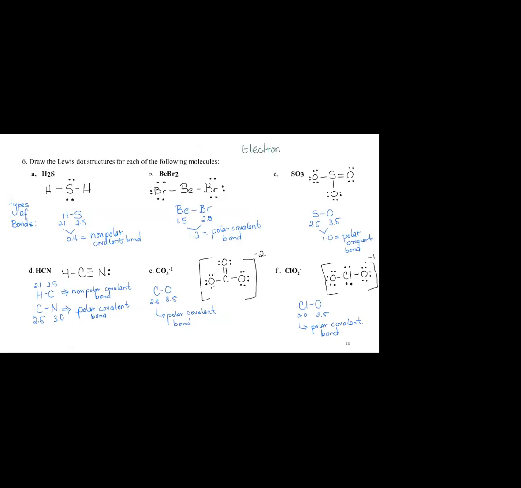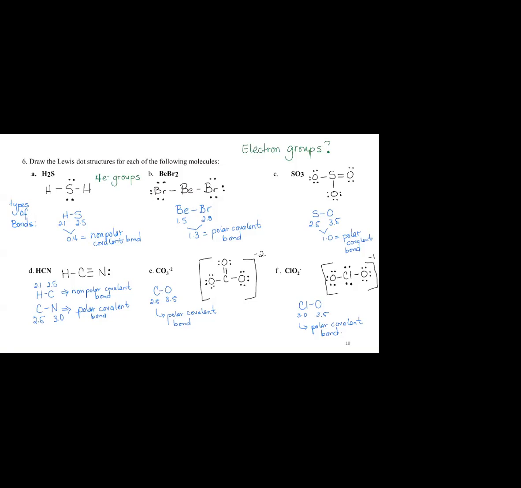I'm going to do the first one, but I want you to determine, looking at the structure, how many electron groups are in each of these atoms. I'm going to start with H2S. There are 4 electron groups around the sulfur in H2S.